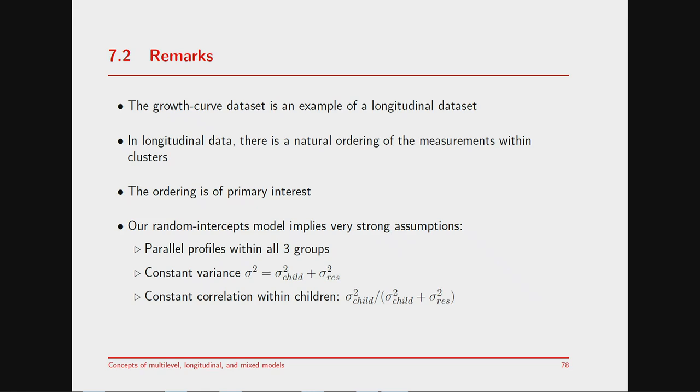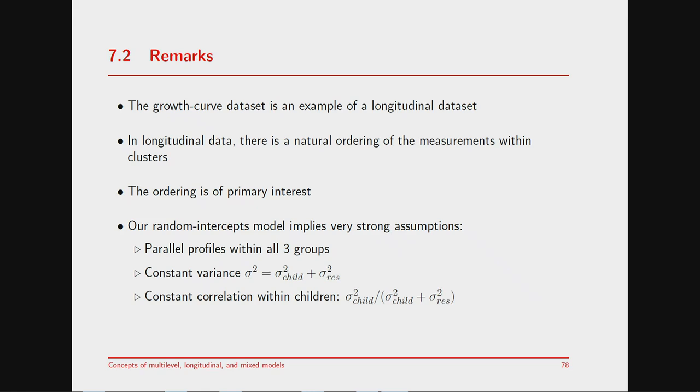Why should it be that children having a mother of more or less the same height would, between the ages 6 and 10, all have exactly the same slope? That's not necessarily realistic to assume.